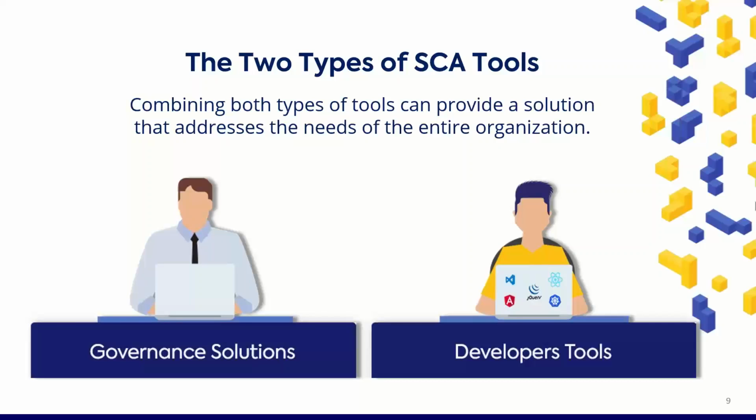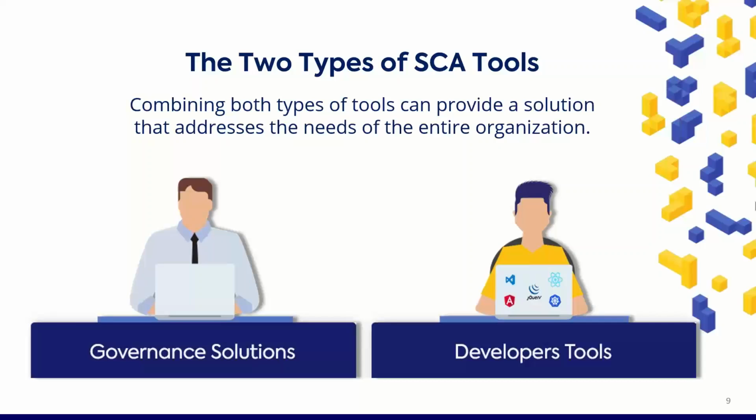For some organizations, it will be, for example, no high vulnerabilities are allowed in the system. For some organizations, it may be only critical vulnerabilities are not allowed within the system. In terms of licensing, maybe a specific type of license like GPL is not allowed. Maybe it's not allowed only for part of your product that you distribute, and for the ones that are for internal use, you can actually use that license.